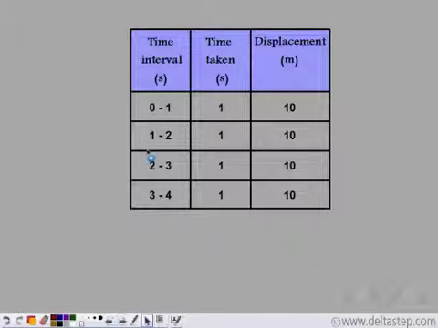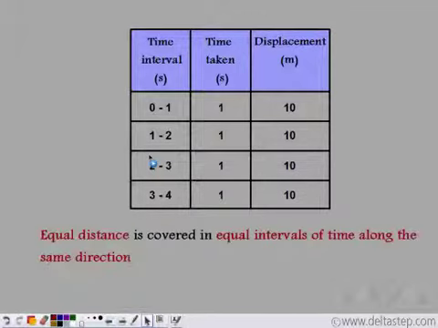So what do we observe here? We observe that equal distance is covered in equal intervals of time along the same direction. So equal distance, that is a distance of 10 meters, is covered in equal intervals of time. Equal intervals of time here is 1 second along the same direction.